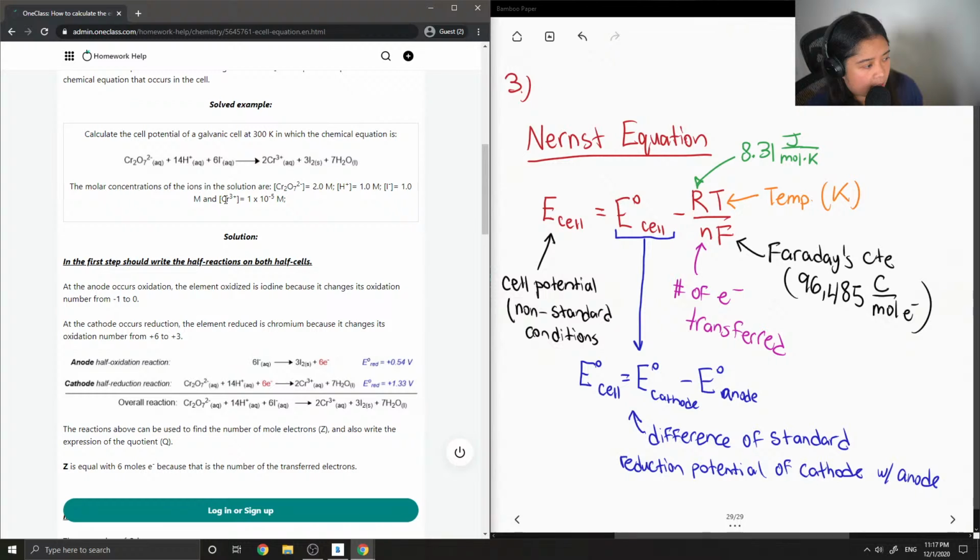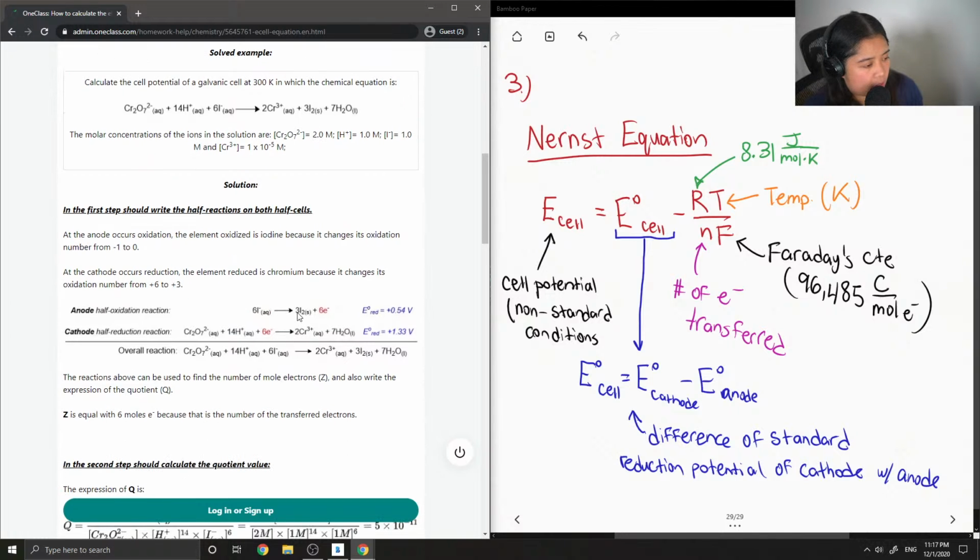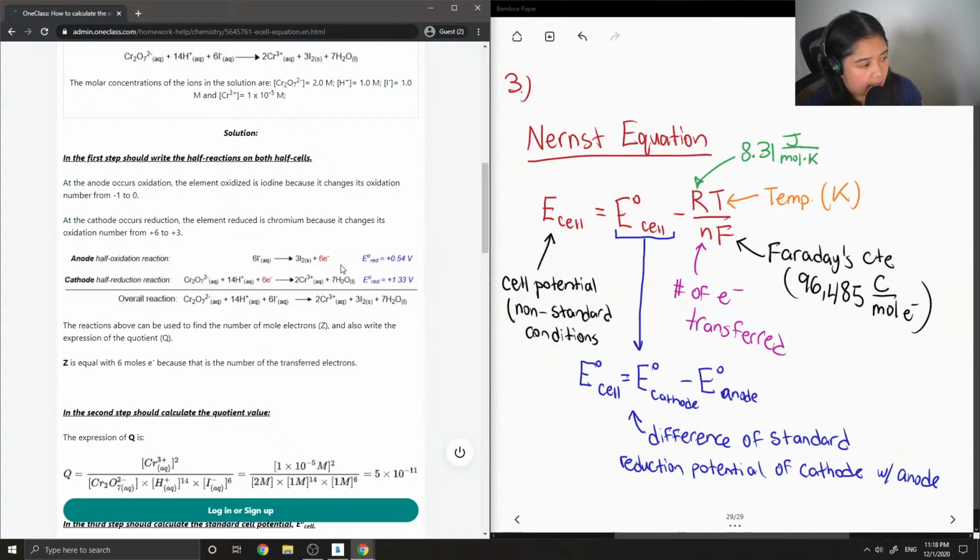So notice that they write the two half reactions from the main chemical equation. They just took out the iodine, which is what got oxidized, and then this produced the 3 molecules of I2. And then the reason they put 6 electrons on the right side is to balance out the charges. So notice that the iodine has a -1 charge.